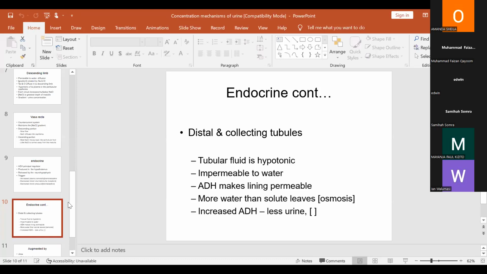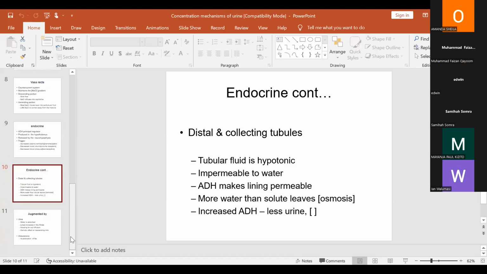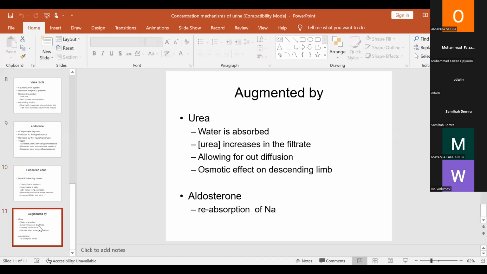We must not forget urea, as we had talked about earlier. We said that urea is reabsorbed both in the proximal tubule and the collecting ducts, and once it is reabsorbed, it also goes into the medulla to participate in the concentration.